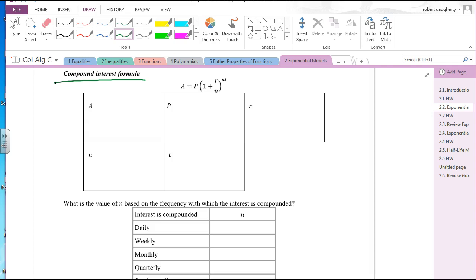If I look at this, what do you think A represents? Yeah, the future value. What do you think P represents? Right, my initial value.